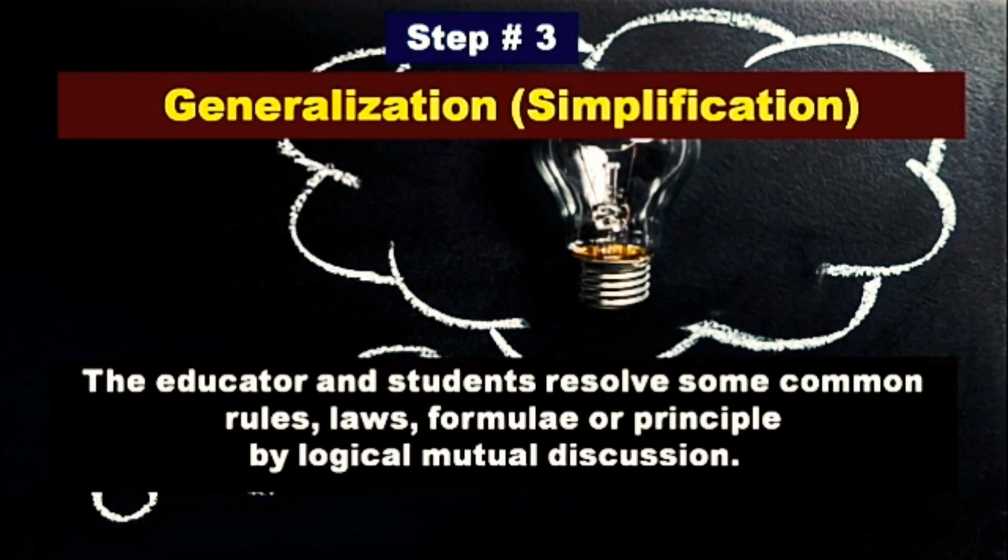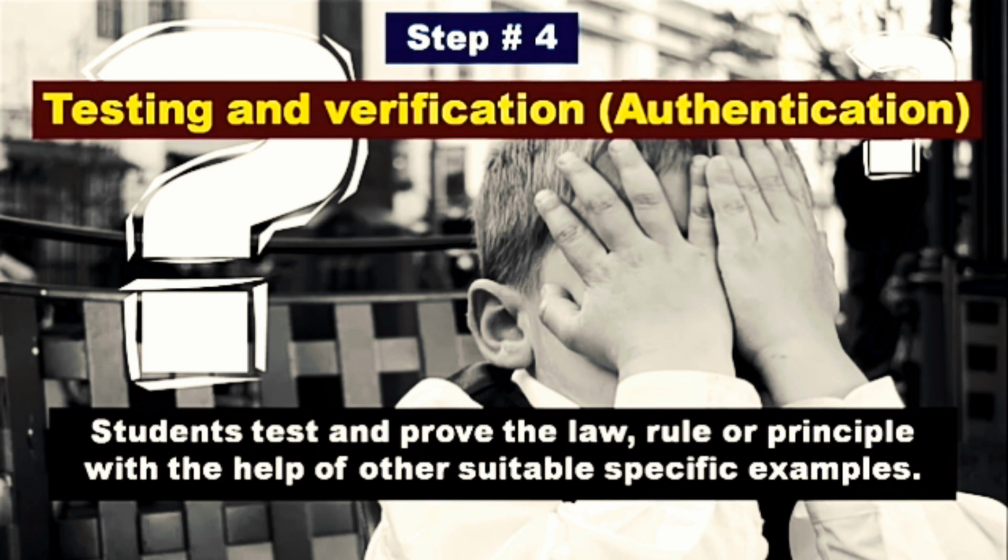Then step number 3, generalization or simplification. Based on the observation, the educator and the students resolve some common rules, laws, formula or principle by logical mutual discussion. Then step number 4, testing and verification or authentication. Here, the students test and prove the law, rule or principle with the help of other suitable specific examples.